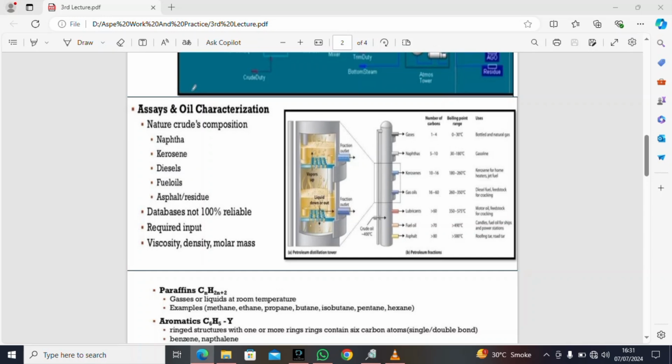And why do we need to characterize our oil? Typically we need data input. As stated before, we are typically given the viscosity and average molar weight data, not the precise 100% composition data. This is very useful because with only two data points we are able to model crude oil. Of course, the more data we add the better.